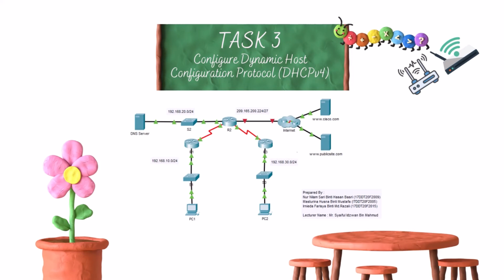Seterusnya saya, Nilam Sari binti Hasan BASRI, matrix number is F2009, akan menerangkan task 3 untuk configure Dynamic Host Configuration Protocol DHCP mengikut topologi dan alamat IP yang diberikan seperti dalam gambar rajah di atas.